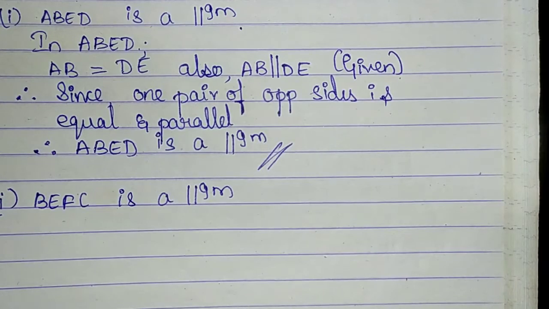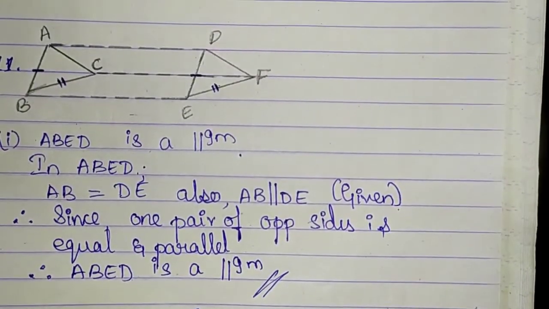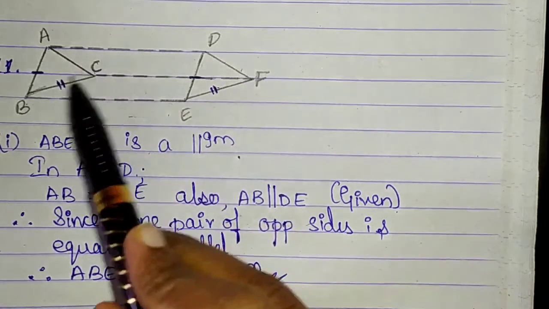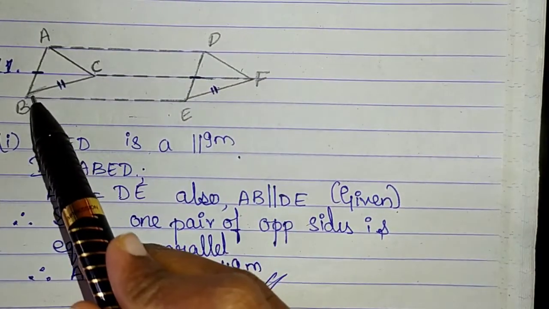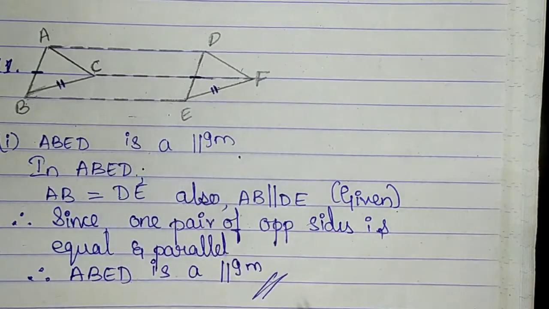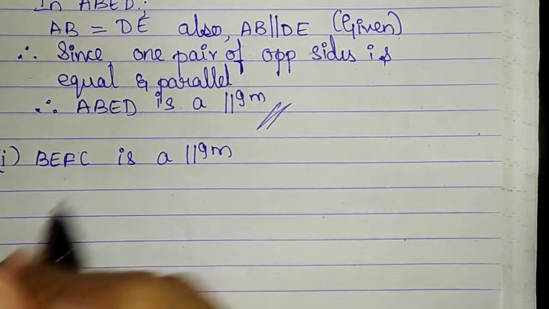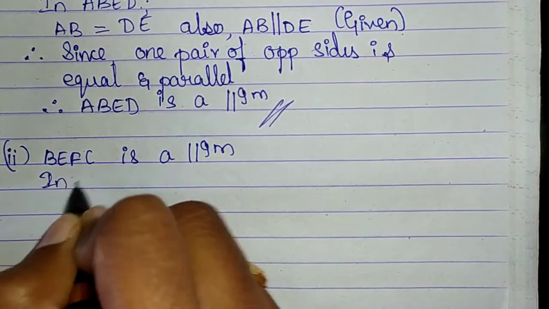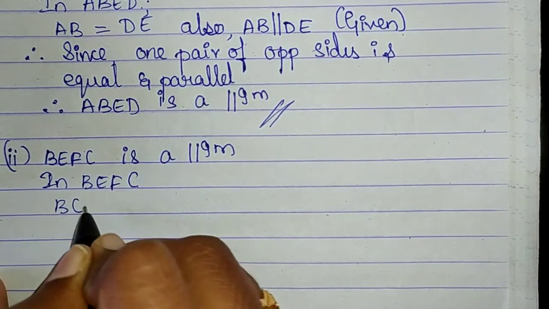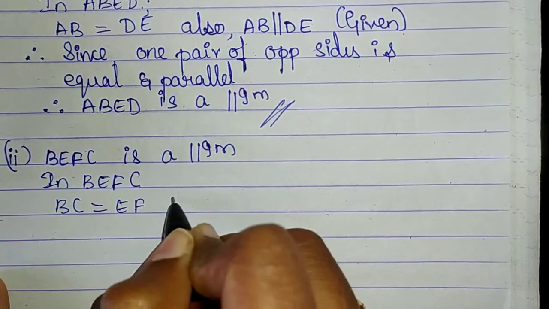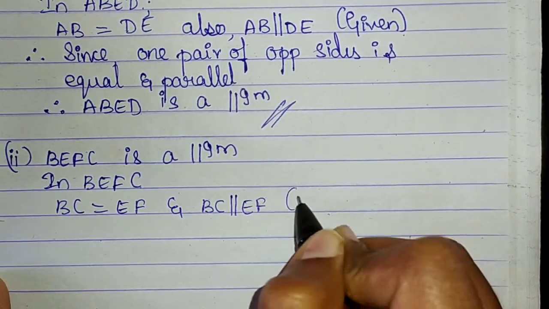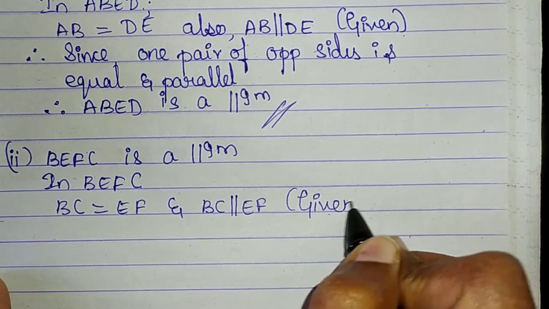So following the same arguments, in quadrilateral BEFC, we have BC is equal to EF and BC is parallel to EF. This is once again given to us.